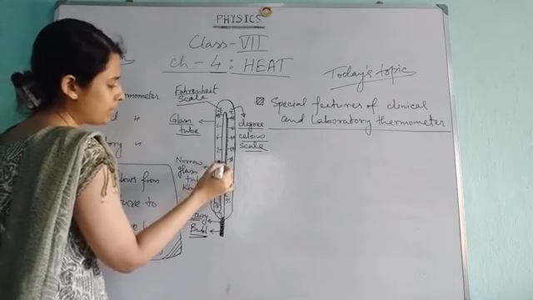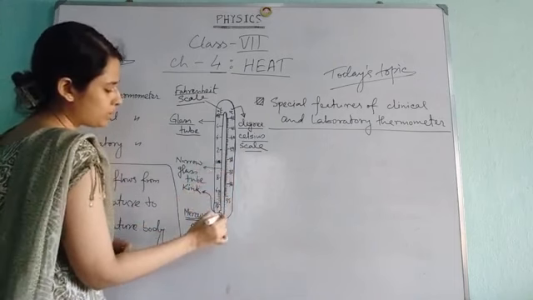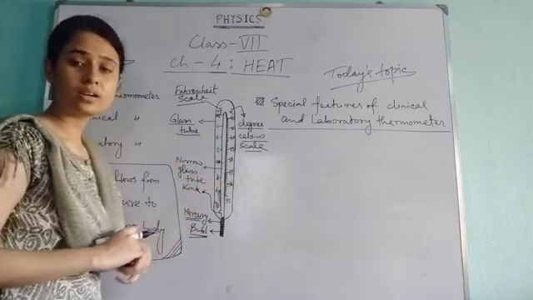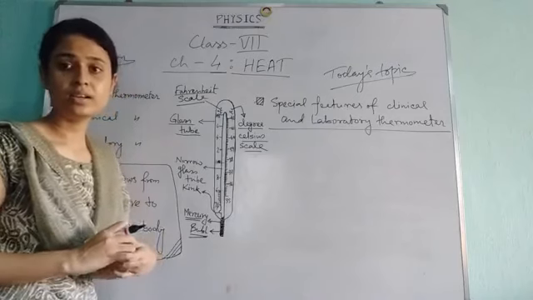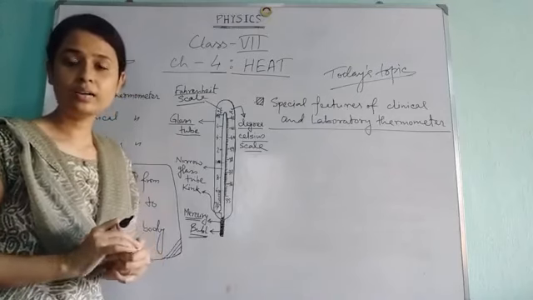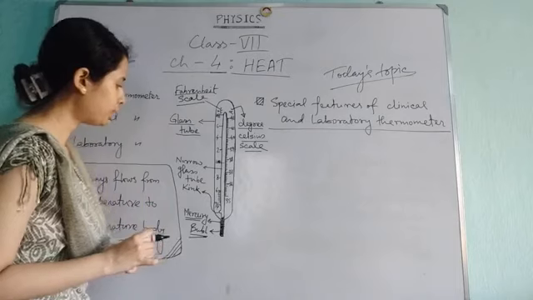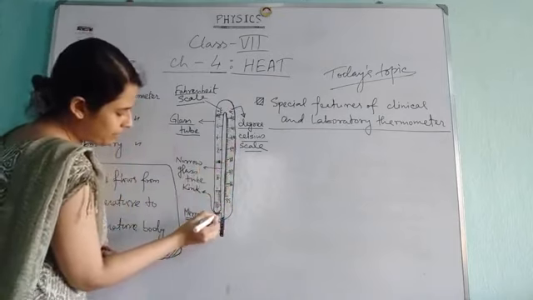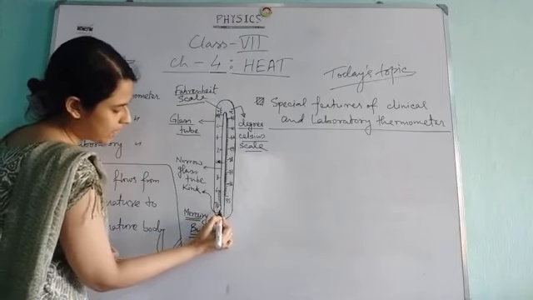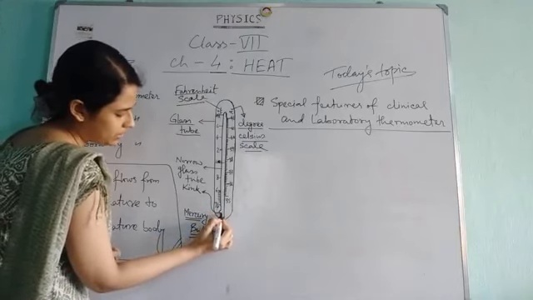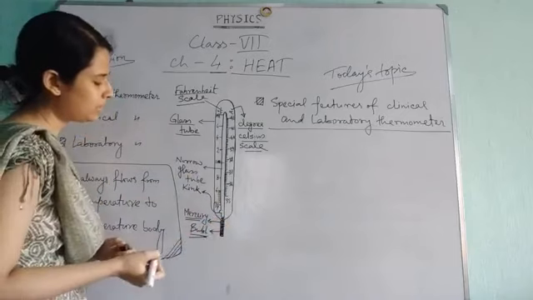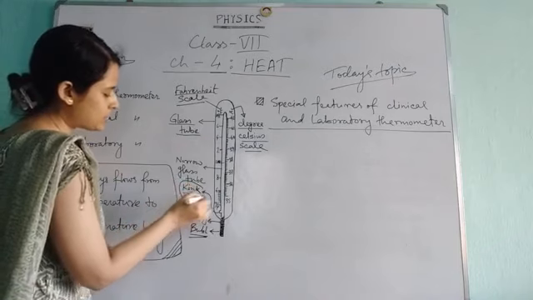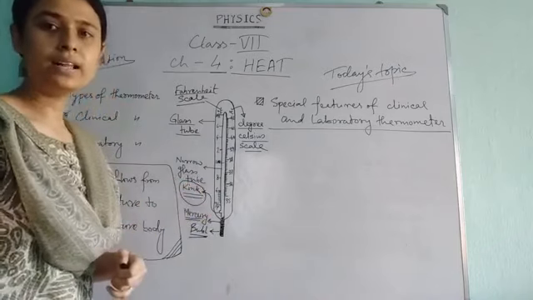Whenever the metal rises up to this temperature, what we say is 100 degree Fahrenheit, that means it determines that we are running a fever. Okay, so in this tube you can see one more feature, this bulge which is present in the tube, which is called the kink. It has a great role in the clinical thermometer.